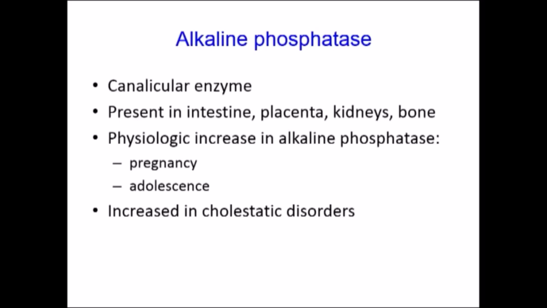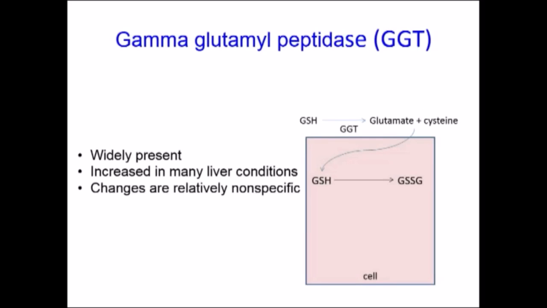And there is a normal physiologic increase in adolescence when you've got a lot of bone growth, and also in pregnancy due to placental alkaline phosphatase. But typically, if you have a cholestatic disorder, a problem where the primary problem is the flow of bile out of the liver, the alkaline phosphatase will be elevated.